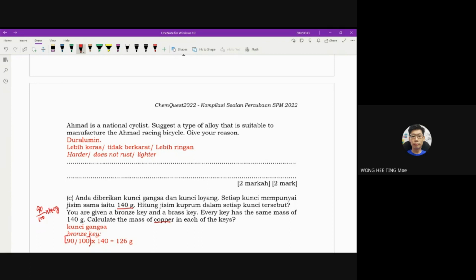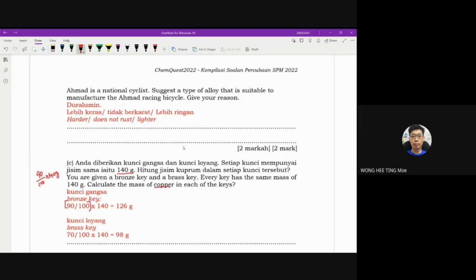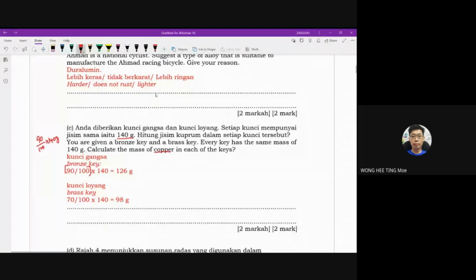Okay, 98. Correct, Iris, good. So 70 over 100, meaning 70%, 0.7 times 140, so 98 grams consists of copper.